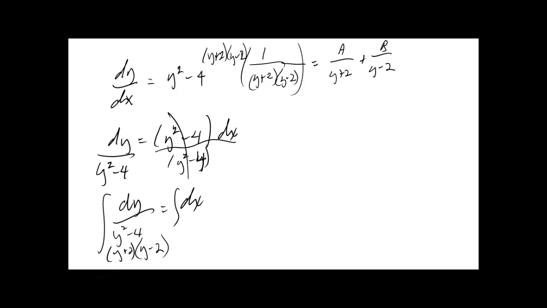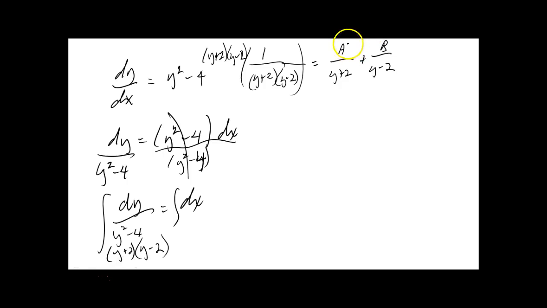So we'll multiply this one by y plus 2 times y minus 2, and this one by y plus 2 times y minus 2. As long as you do the same thing to every term on both sides, it's legal. Here, obviously, both of those go away, so you're left with 1 on the left.